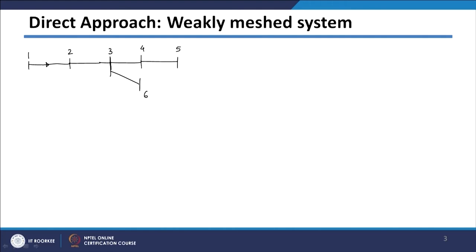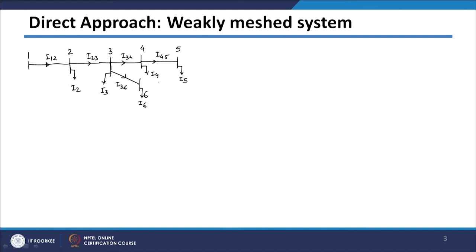Then this current we call I12, this current I23, this is I34, this is I45, I36, and at each node there is a load current: I5, I4, here I6, here I3 and then I2. We have seen how to solve the load flow problem for this one.